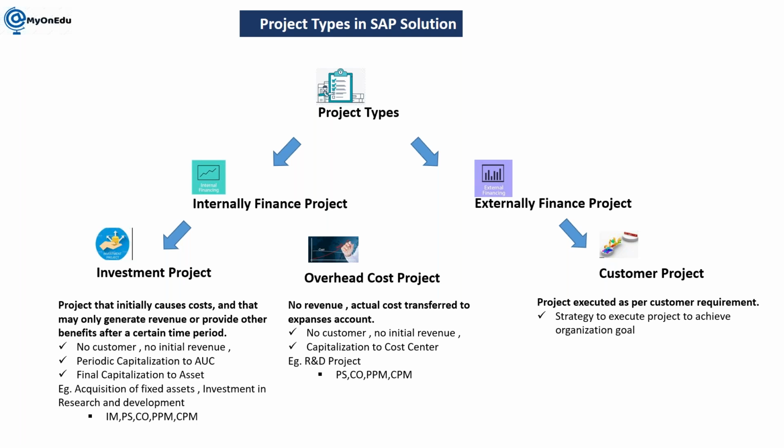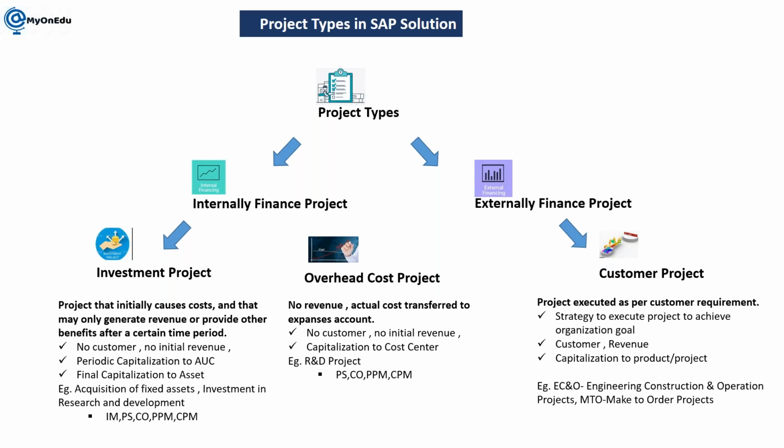Okay, then only you are executing this customer project. If it is not fitting, you will cancel the demand or the proposal or the request in the initial phase itself. So in this kind of project, we will have a customer, we will have revenue, and then this project will be capitalized or will be settled to product or your project.